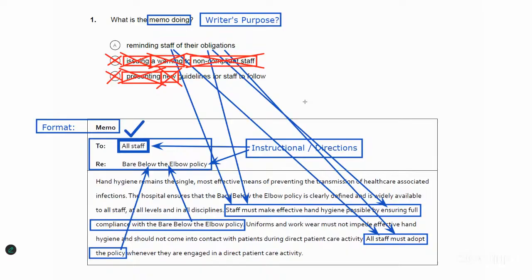Reminding staff of their reminding already present. So now let us try to understand what you mean by reminding, presenting and issuing. Issuing is very serious. You issue something. Let us see this one here. First is presenting.